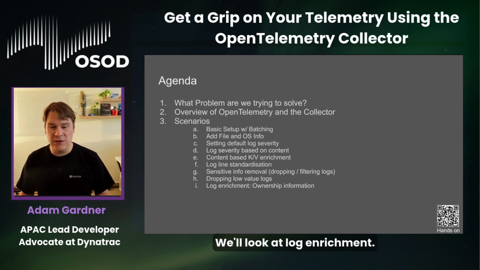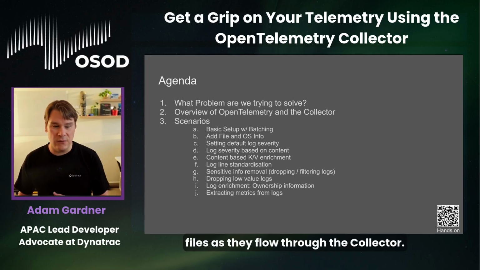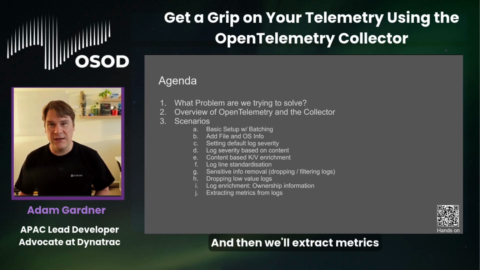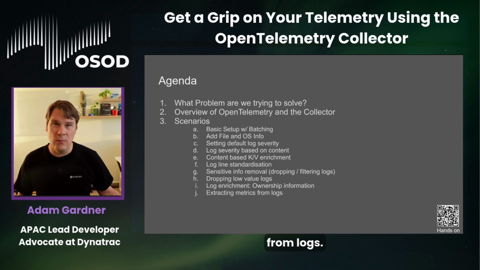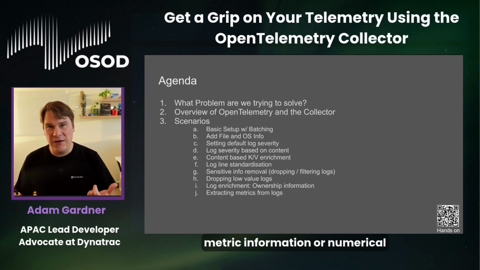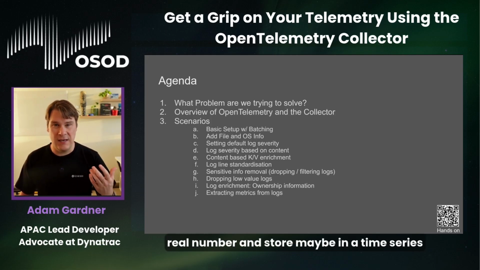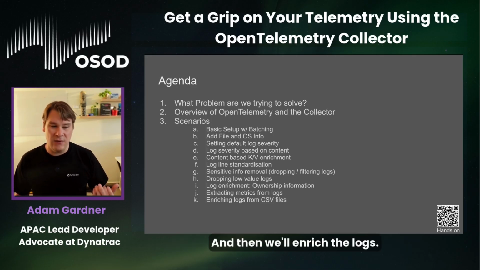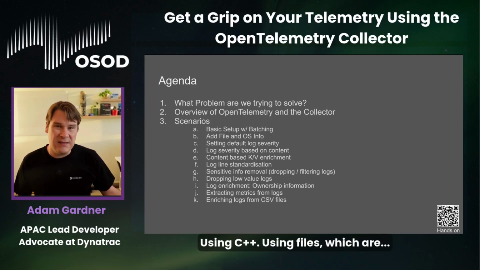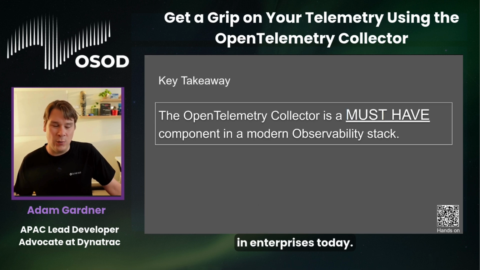We'll look at log enrichment, adding ownership information to the log files as they flow through the collector, and then we'll extract metrics from logs. So sending in a log with some metric information or numerical information that we want to actually treat as a real number and store maybe in a time series database, and then we'll enrich the logs using CSV files, which are, although they shouldn't be, they're still pretty common in enterprises today.